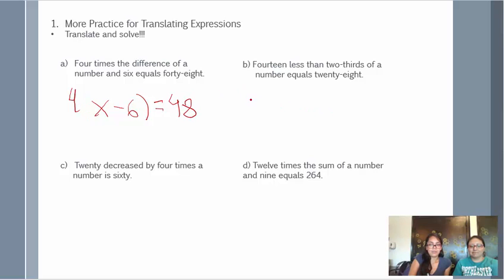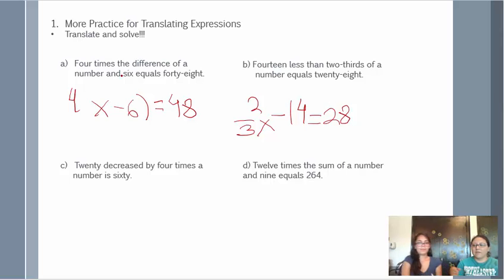Now for B, it says 14 less than 2/3 of a number equals 28. So it says 14 less, then 2/3, so we have 2/3 here, of a number, let's say that number is x, equals 28. Okay, and then our next example is 20 decreased by 4 times a number is 60.